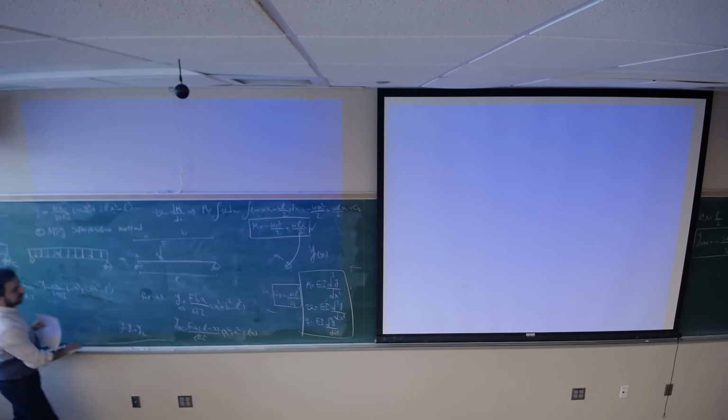Now, if you are looking for the total deflection for section AB, add Y1 plus YAB.